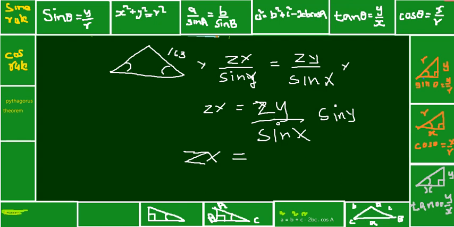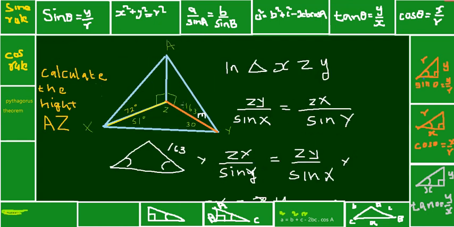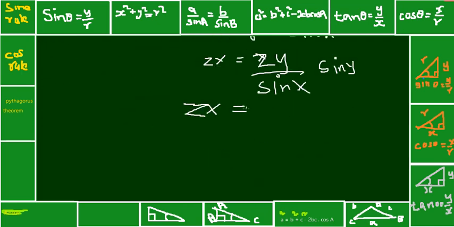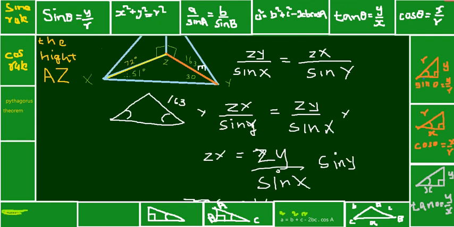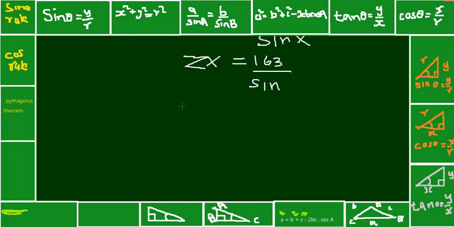Substituting, what is ZY? ZY is 163, we write 163 here, and then sine X, the angle at X, is 51. You can call it X1, X2, but we are looking for this one.